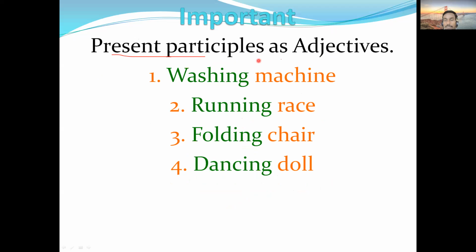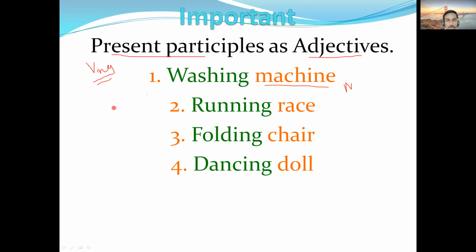Then next, present participles are also used as adjectives. So which are present participles? Present participles are nothing but V-ing forms. Verbs with ing forms are called present participles. They can be used as adjectives. For example, washing machine. Machine is a noun here.